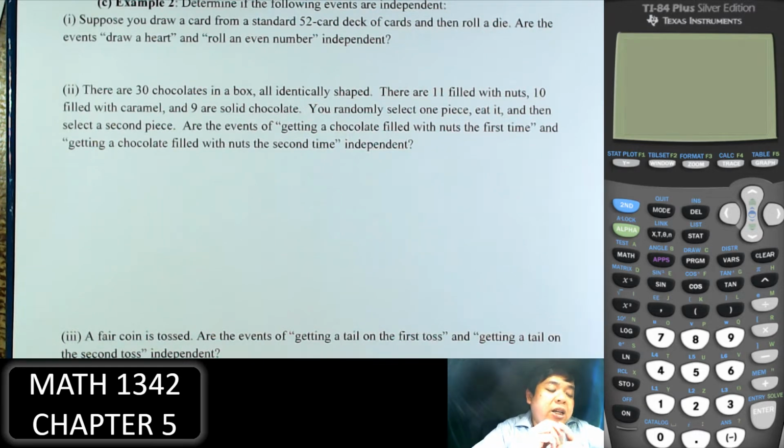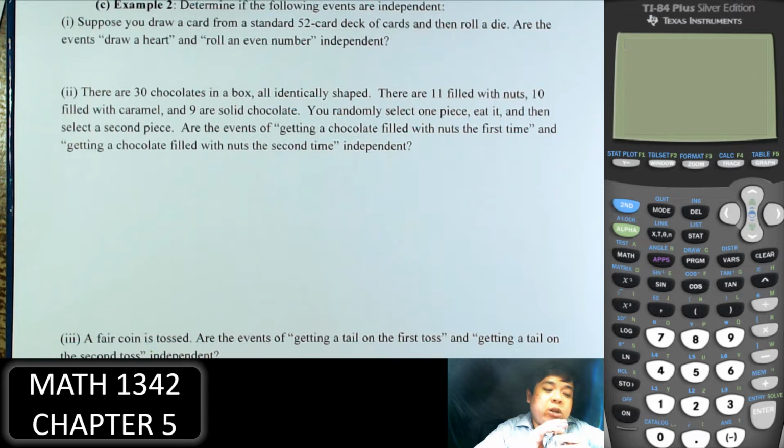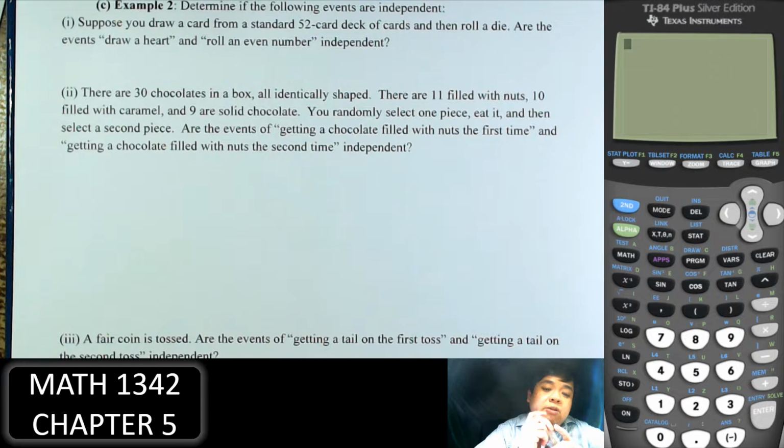Now the second example. There are 30 chocolates in a box, identically shaped. There are 11 filled with nuts, 10 with caramel, and 9 with solid chocolate. You select one piece, eat it, and then select a second piece. Are the events of getting a chocolate filled with nuts the first time and getting a chocolate filled with nuts the second time independent?